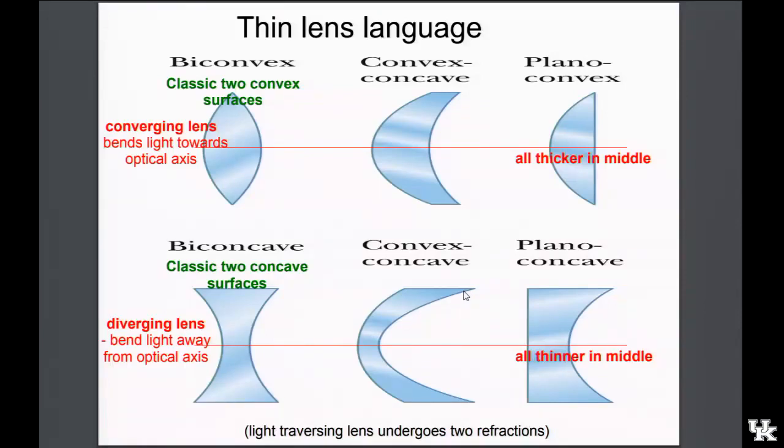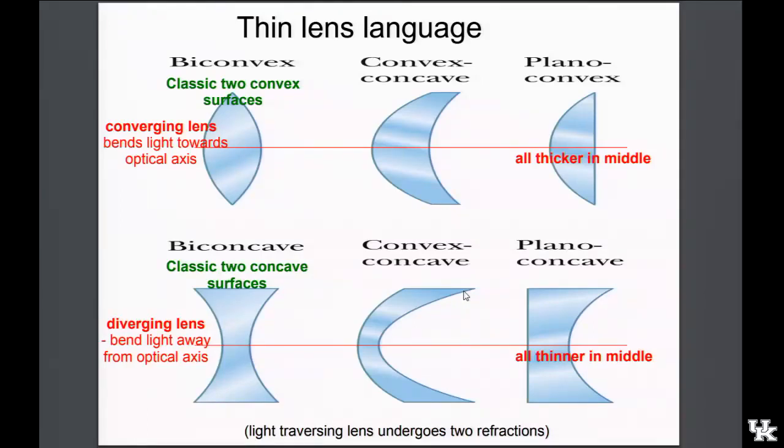The classic diverging lens is the opposite. It's narrow in the center, and it's wide on the outside here. So this is what we always think of as a converging lens. This is a type of lens that's thicker in the middle, that bends light towards the optical axis. This is what we always think of as a diverging lens. It's a lens that bends the light away from the optical axis. It's thinner in the middle and thicker at the edges.